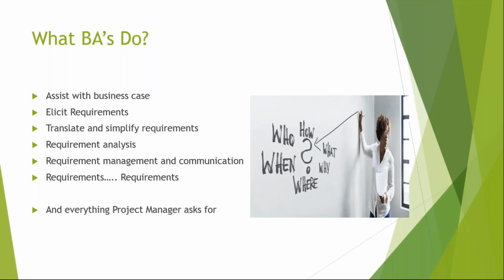And once we have simplified and translated, then we do the analysis. We identify the critical requirements that we need. Then we have to work on the estimation. Sometimes we do the MoSCoW, the must have, should have, would have.